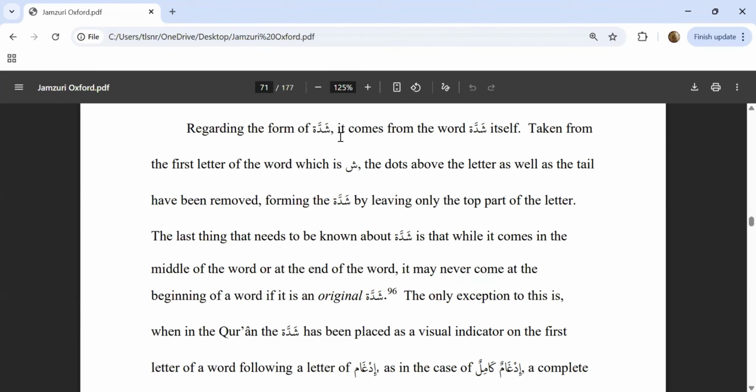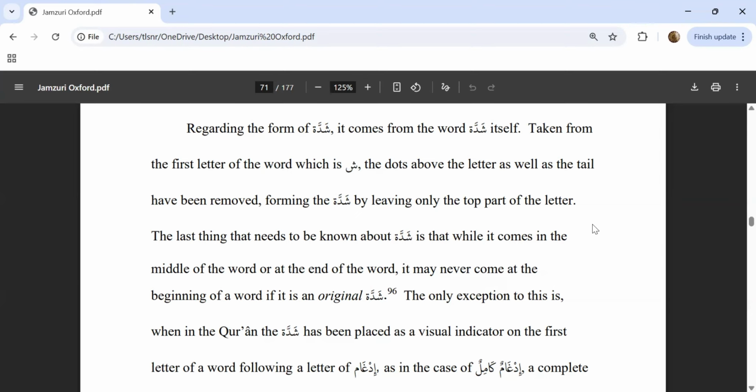Regarding the form of shadda, it actually comes from the word shadda itself. If we have the letter sheen, then the dots have been removed and the tail has been removed as well, leaving only the top part of the letter, and that gives us the form of the shadda.